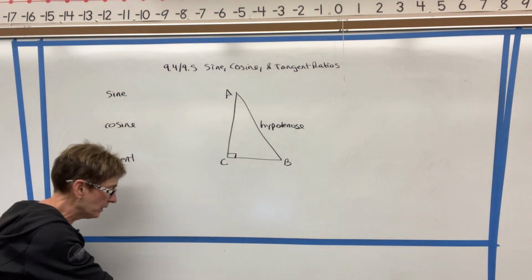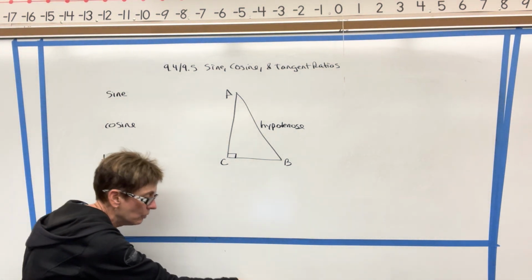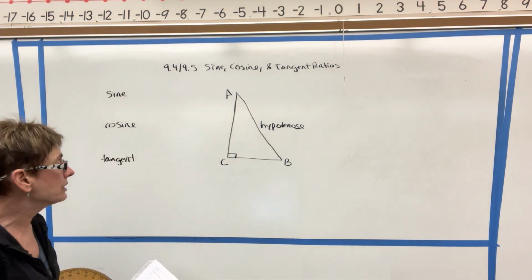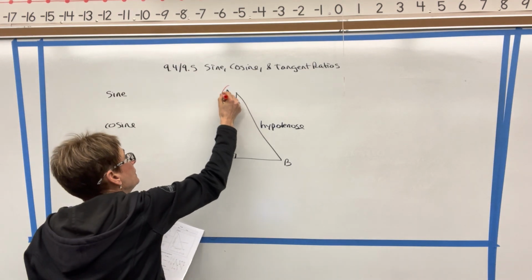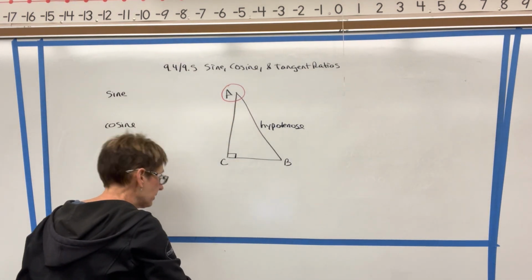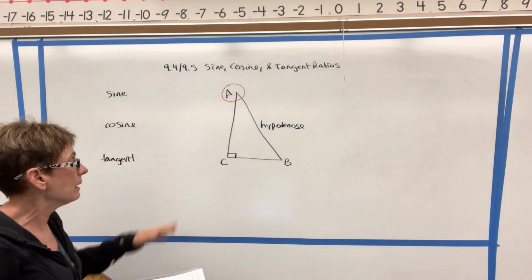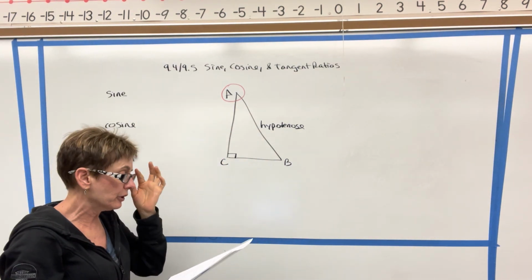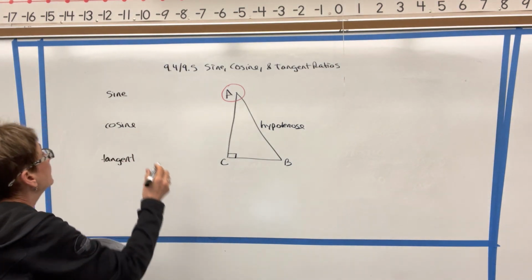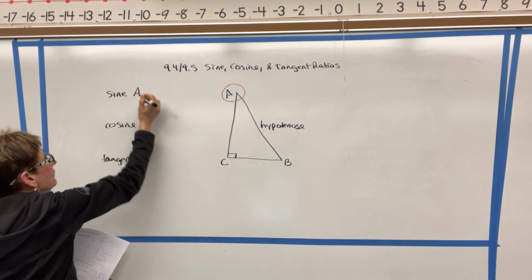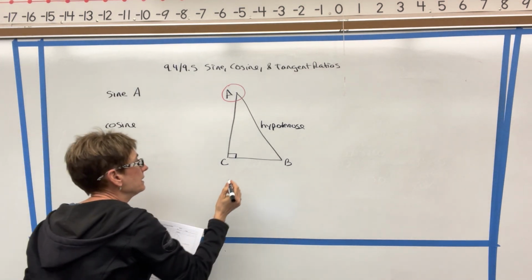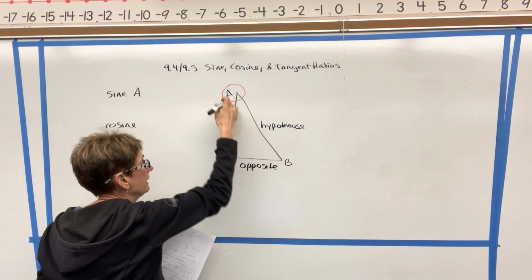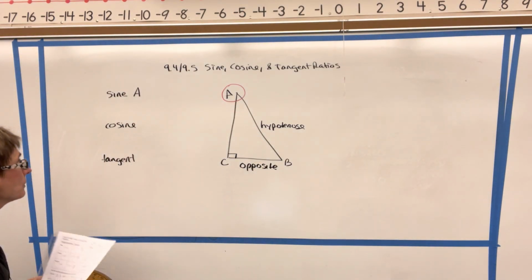Now, when we are looking for a trig ratio, we are always going to be considering ourselves to be referring to a particular acute angle in that right triangle. So for example, if we want to talk about the trig ratios of this triangle, we need to think in terms of angle A. If I want to look at the sine of angle A, I would need to consider the side opposite angle A, which is going to be across from it.